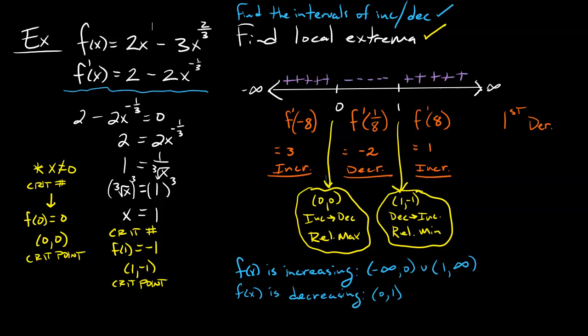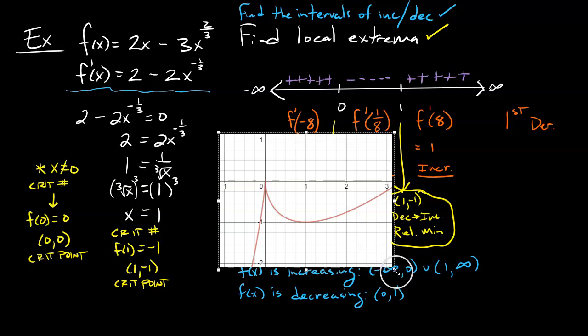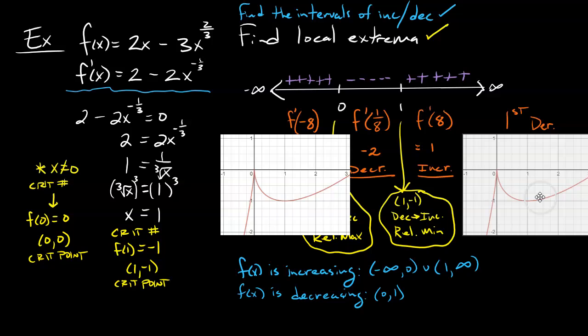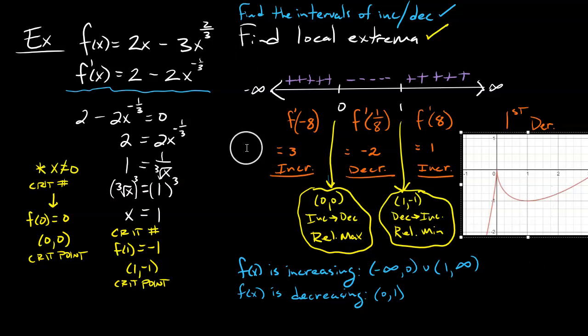And I actually have the graph right here. What you're usually going to find is when there are fractional powers in a problem, it usually creates sharp points. So this isn't a graph you would know what it looks like at all, but we would still be able to find the information from it.